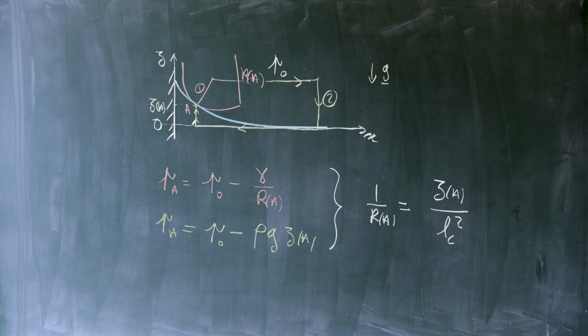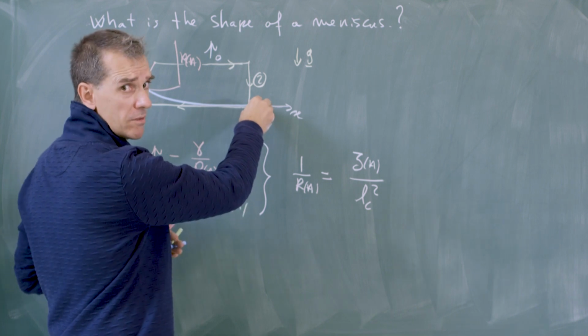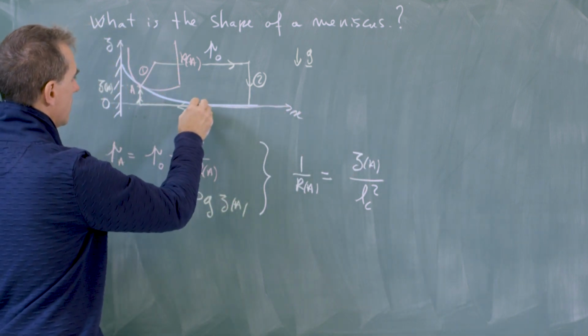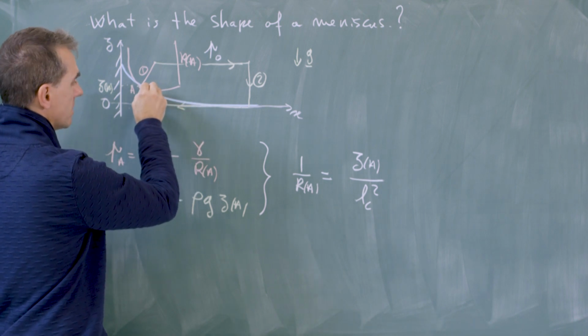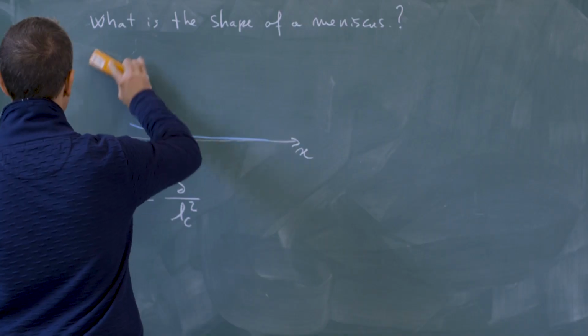The first observation is that it's not a circle in the sense that the radius of curvature is not constant. So it is infinite where we are far from the wall. So when z equals 0, you see that the curvature is 0, so the radius is infinite. And as we move along the meniscus, so as the elevation increases, then the curvature linearly increases.